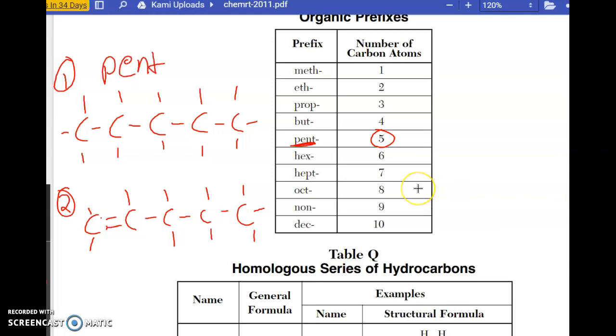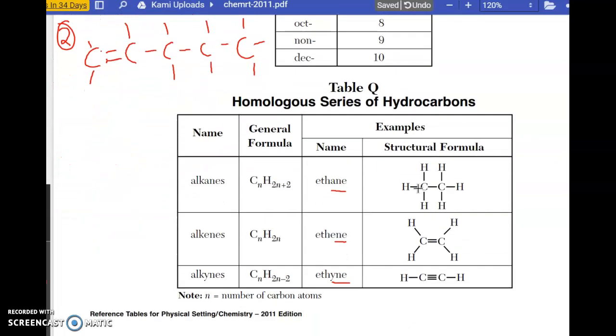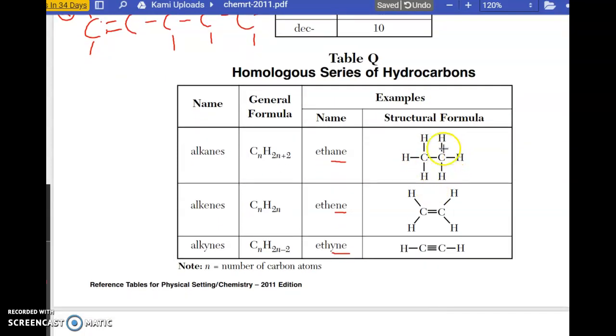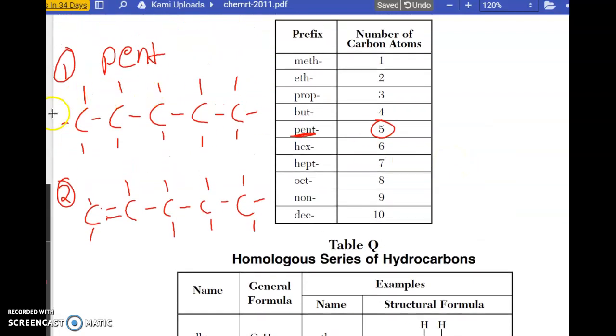Then I'm going to go down to my second chart, table Q, and I'm going to look to see what kind of bonding it has. So it looks like there are only single bonds. I don't have any double bonds or triple bonds in this molecular structure, because there are only single lines between each carbon.